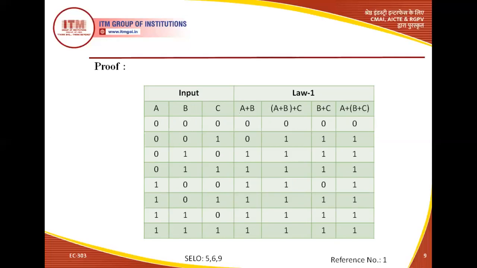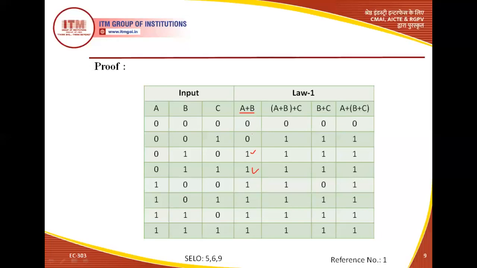Now first we see the result of A or B. So 0 or 0 is 0, 0 or 0 is 0, 0 or 1 is 1, 0 or 1 again 1, 0 1 or 0 is 1, 1 or 0 is 1, 1 1 1, 1 or 1 is 1.